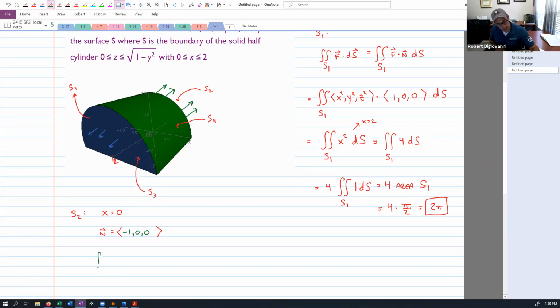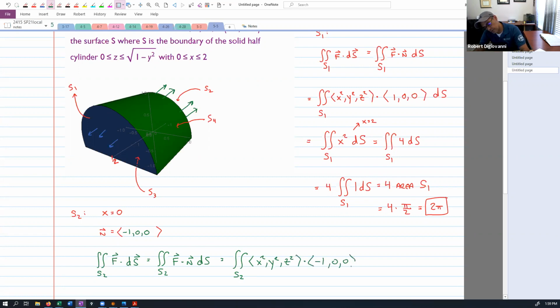So if we want to do the flux over S2 of F dot dS, we're going to make this double integral over S2 of F dot n dS, which for us is F, x squared, y squared, z squared, dotted with negative 1, 0, 0.